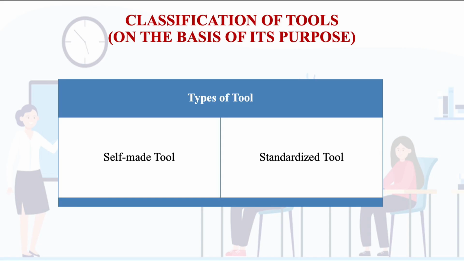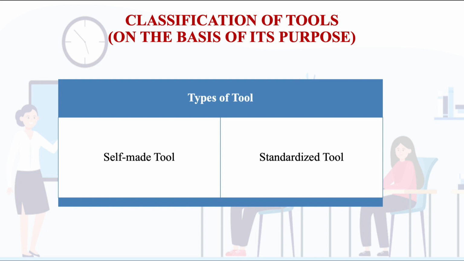So far as classification of tools is concerned, earlier we discussed on the basis of norm of reference, which is of two types: norm reference evaluation and criterion reference evaluation.